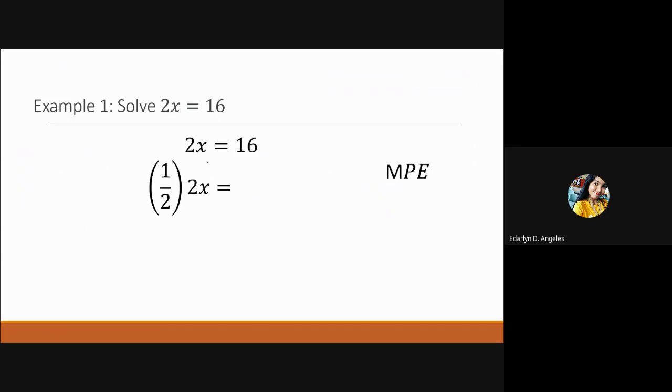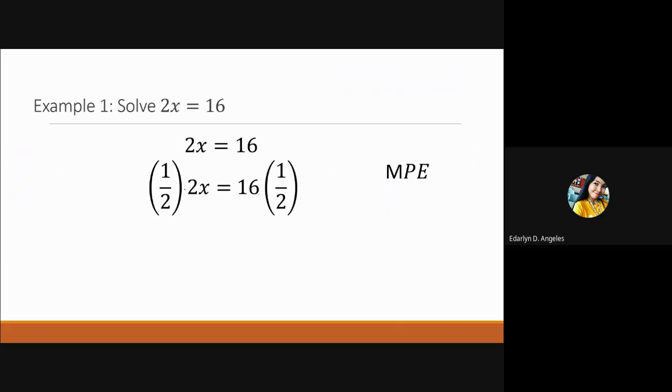I'll show you. So here, we multiplied on both sides 1/2. That's the reciprocal of 2 because for 2, we have a denominator of 1. So the inverse of that would be 1/2. The multiplicative inverse is 1/2, interchanging their positions.